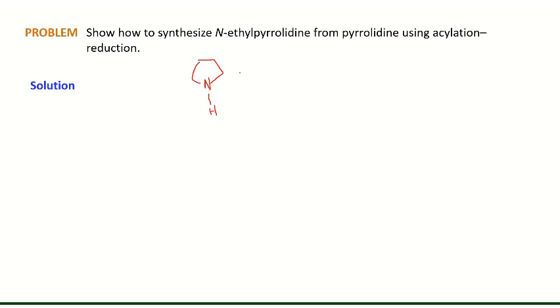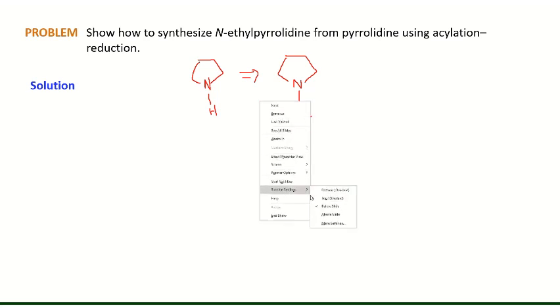So N-ethyl pyrrolidine is really pyrrolidine with an ethyl attached to it. Yes? So how would you make something like this? It says by an acylation. So let's see what this is all about.